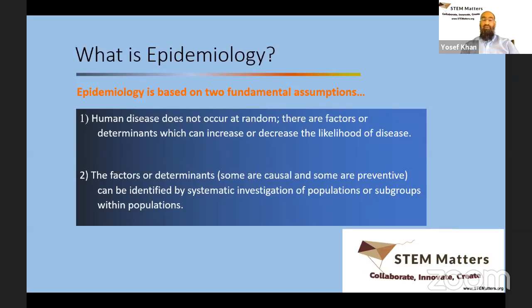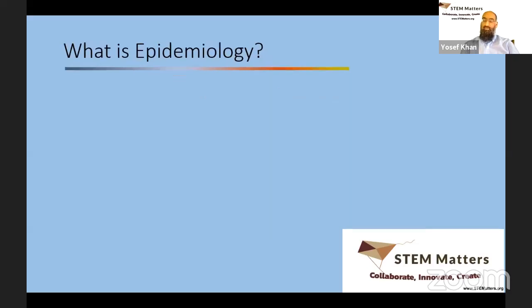And how are they identified? By systematic investigations of populations or subgroups within populations. So epidemiology is focused on the factors and the determinants of a disease.